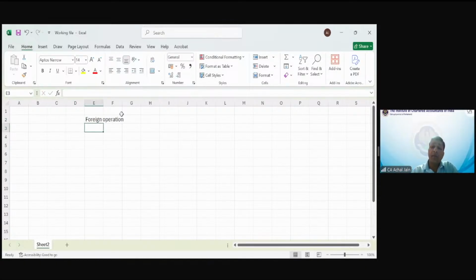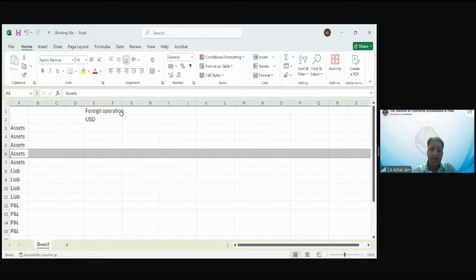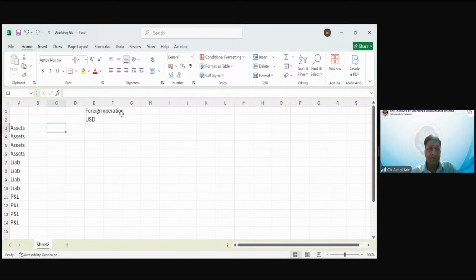Its books of accounts are prepared, let's suppose, in USD. If you look at its trial balance, it will have various assets, then various liabilities, and then a lot of P&L items.